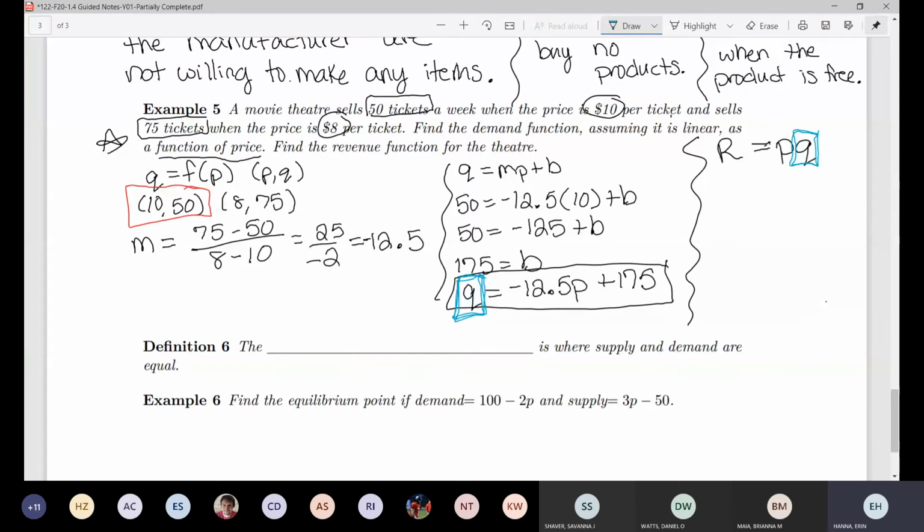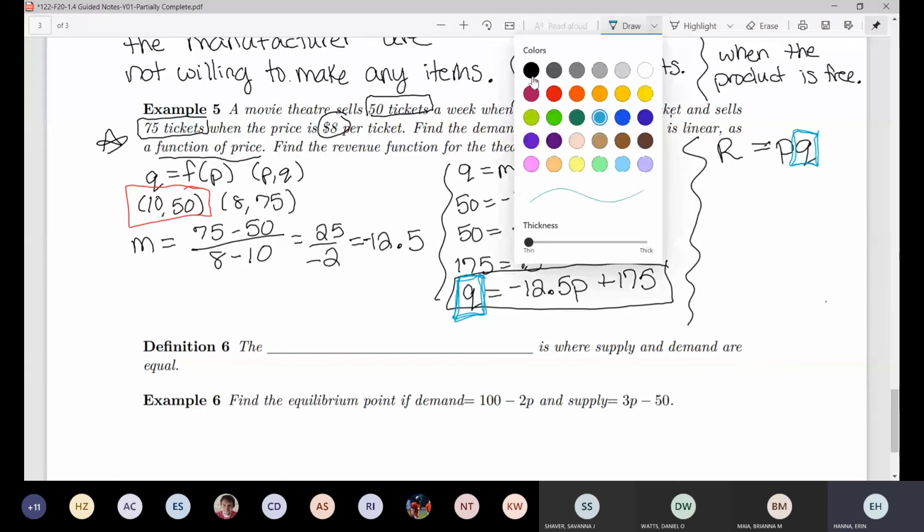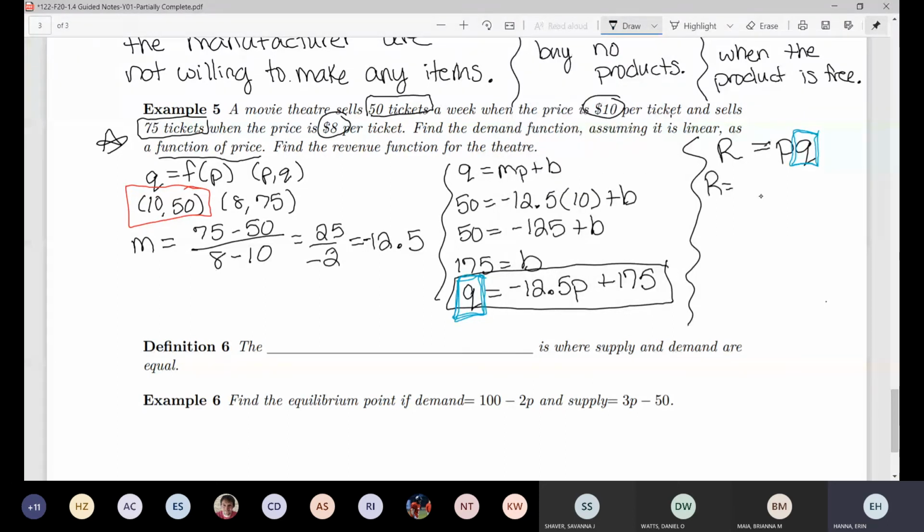It's going to be in terms of P instead of Q. I told you sometimes it happens, but that's what we're going to do. So our revenue function here is going to be P times negative 12.5 P plus 175. You should distribute that P. It's just good notation. So we would get negative 12.5 P squared plus 175 P.